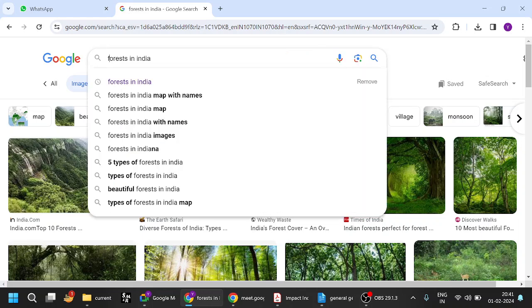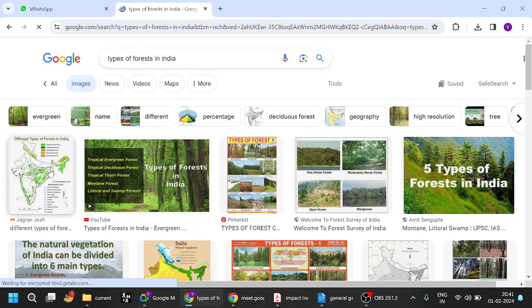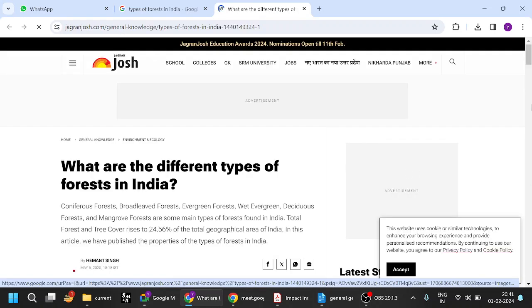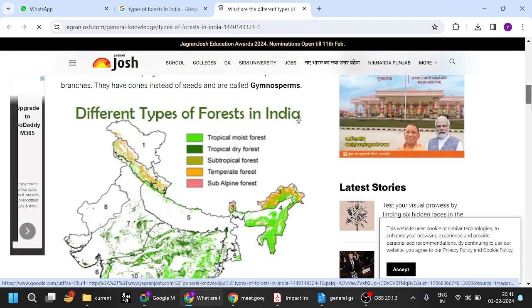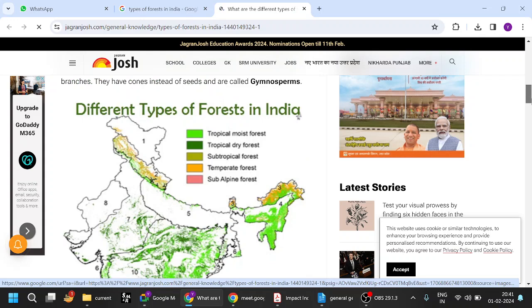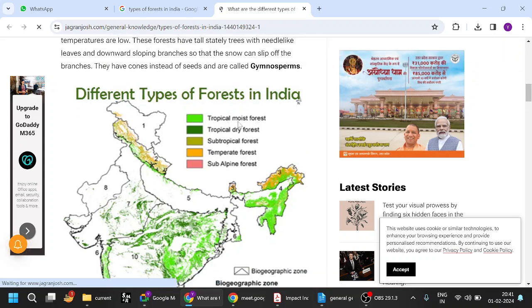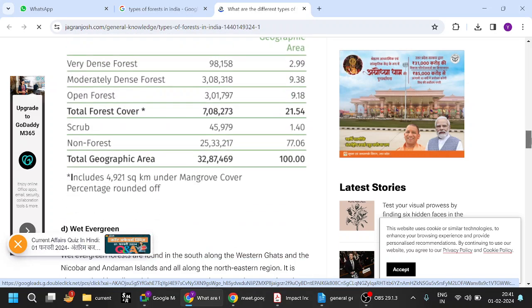Types of forests in India. Let us see. We want evergreen, tropical moist, tropical dry, subtropical, evergreen, deciduous. That is what we want.